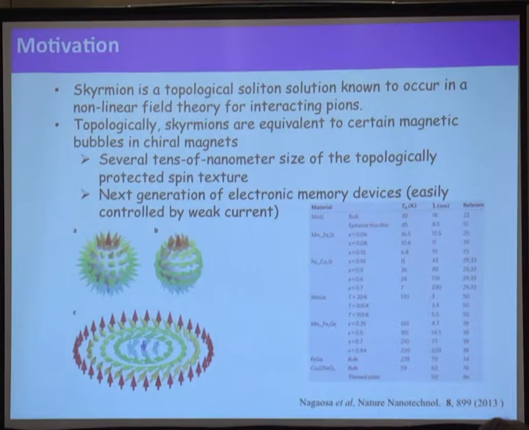We heard a lot from this workshop; the whole topic is Skyrmion. Mathematically, it is a topological soliton solution known to occur in non-linear effective field theory, and there is a lot of interesting introduction there, so I will not expand on that.